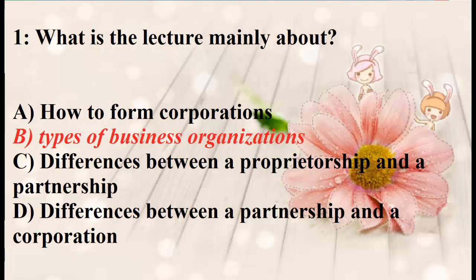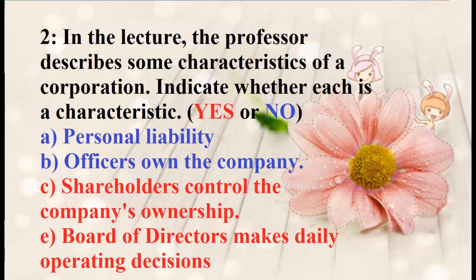Now get ready to answer the questions. You may use your notes to help you answer. Number 1. What is the lecture mainly about? Number 2. In the lecture, the professor describes some characteristics of a corporation. Indicate whether each is a characteristic.